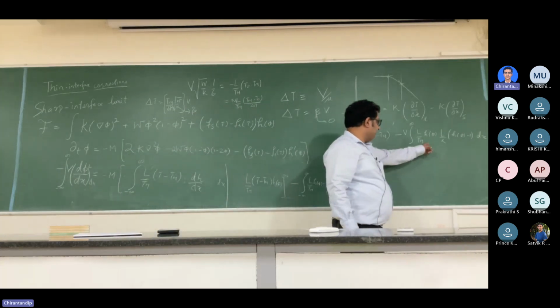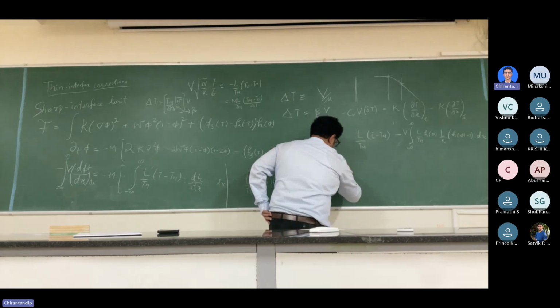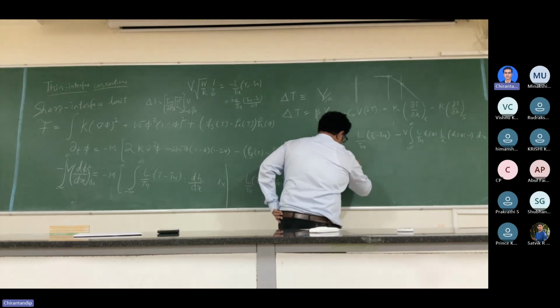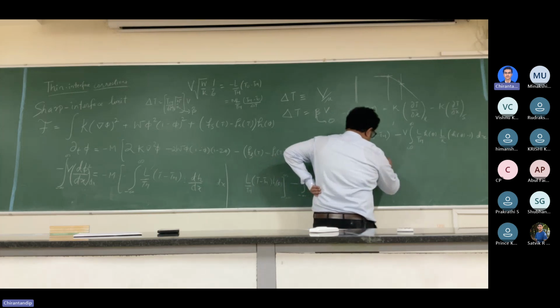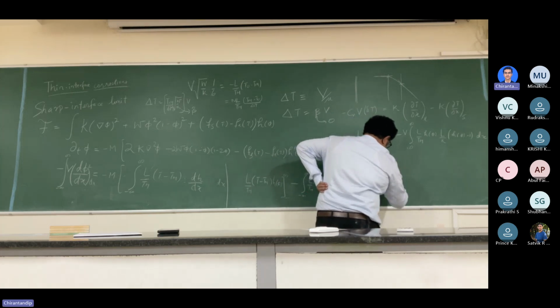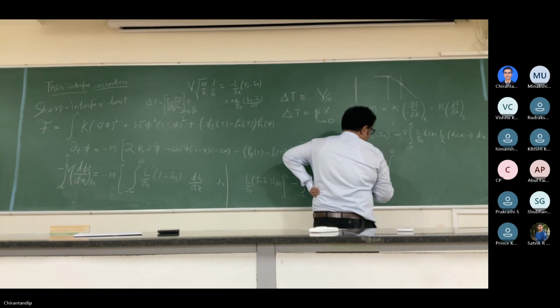So how do we evaluate this? I'll just write down this part of it. Minus v L squared by dm.